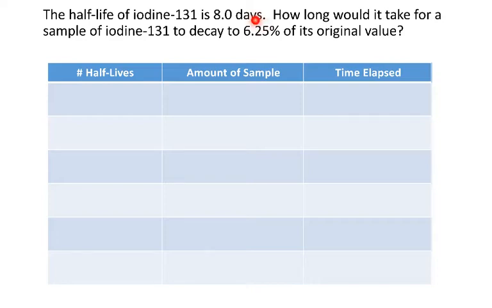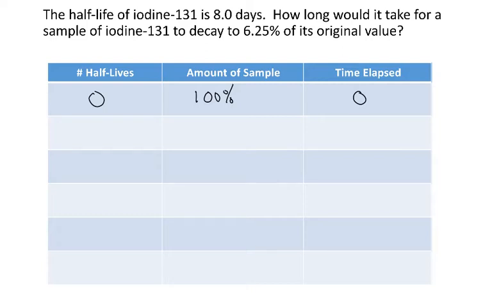In this case, they're giving us the final amount, so we're going to keep going down until we get to 6.25%. Now, in the last problem, they gave us the mass that we started with. In this problem, they didn't do that. But because we're working just in percentages, I know that before anything has decayed, I'll be starting at 100%. So my starting amount of sample is going to be 100%. And that's how much I'll have after no half-lives have gone by and 0 time has elapsed.